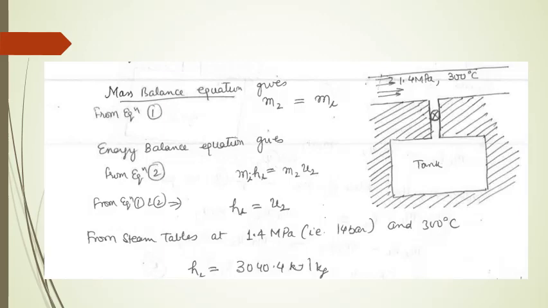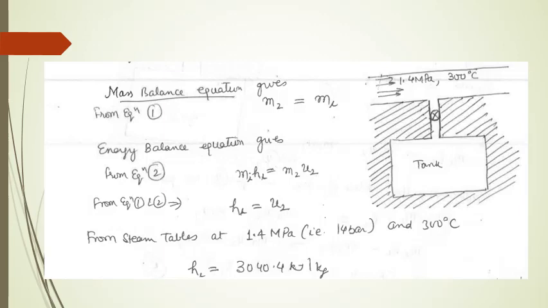The energy terms associated with Me also become 0. So ultimately we got these terms only: MiHi is equal to M2U2. And because I have told you that M2 is equal to Mi, this will yield Hi is equal to U2.